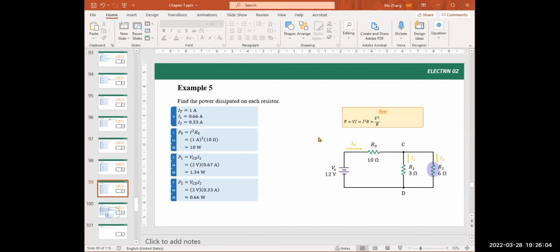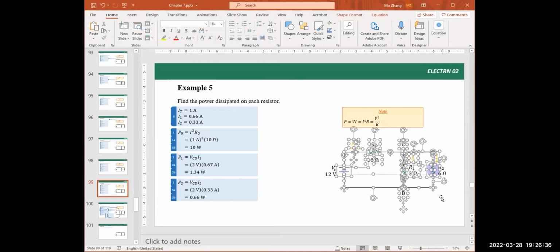Are there any questions on example 5 or the solution for example 5 before moving to the next example? Okay. Usually, that's all the questions we can ask. They are typical questions, very typical, when we are required to solve a series parallel circuit.